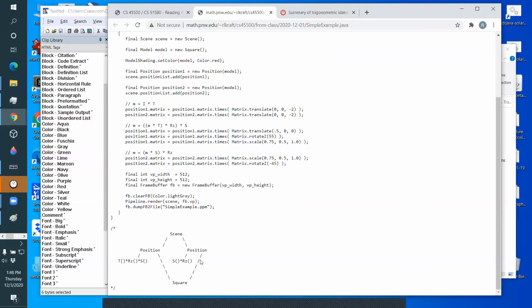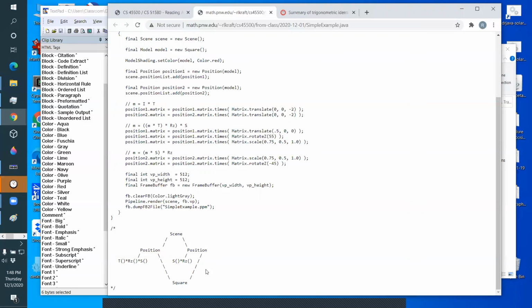It's using graph theory, and it's using traversing of a graph like in an algorithms class. Essentially, I'm doing a depth first search, a depth first traversal of this graph. So it's going down to there, then down to there.